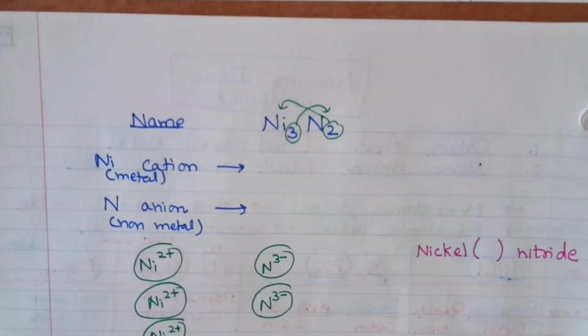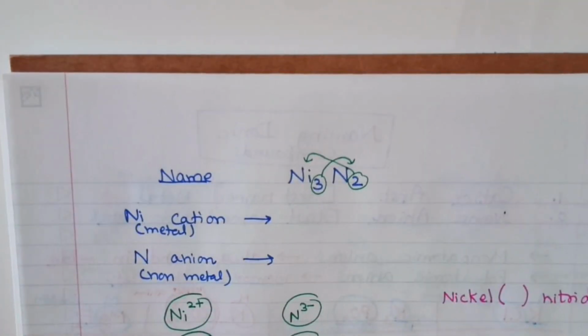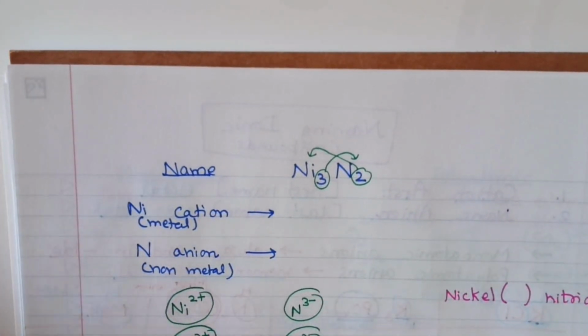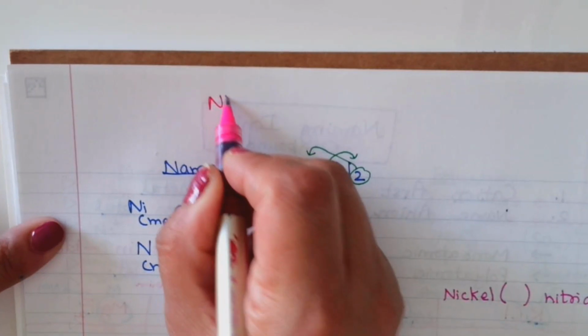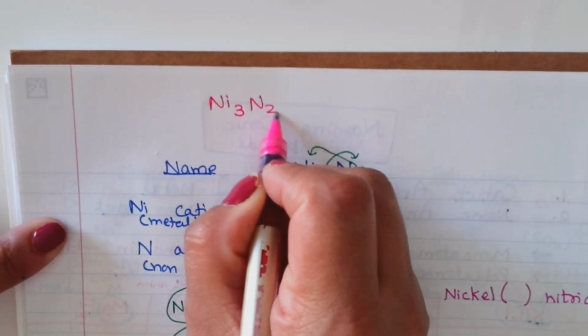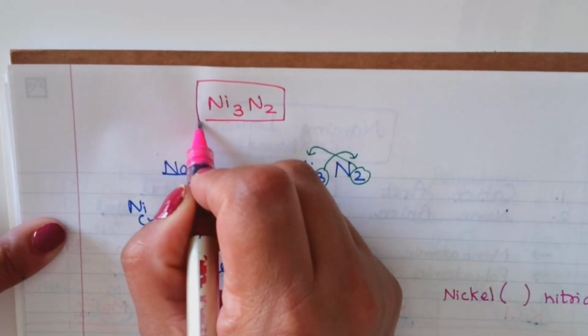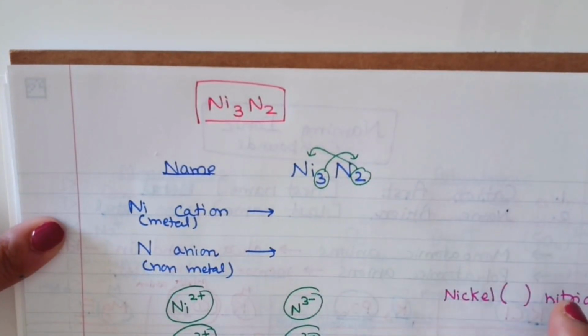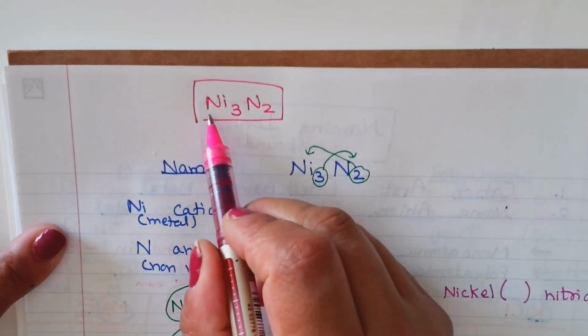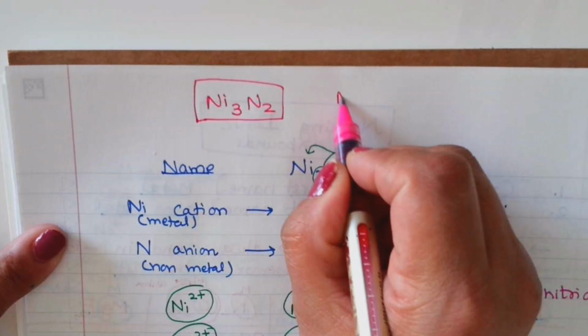So I have taken this example. Now let's see. So we have Ni3N2, and you have to name this compound, right? Now first of all, identify the metal.